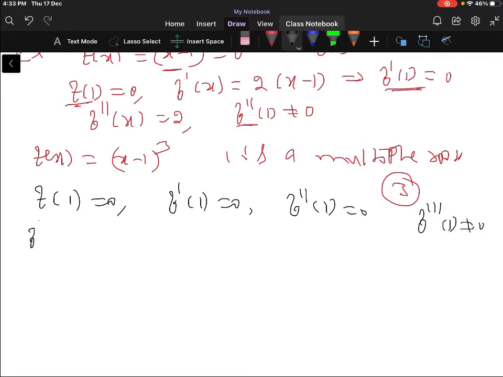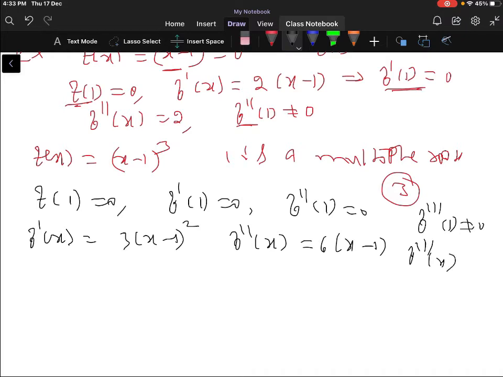Let us check now. F dash of x is equal to 3 times (x minus 1) whole square, f double dash of x is equal to 6 times (x minus 1), f triple dash of x is equal to 6. Now let us check when x is equal to 1: f dash is 0, f double dash of 1 is also 0, but f triple dash of 1 is not equal to 0.